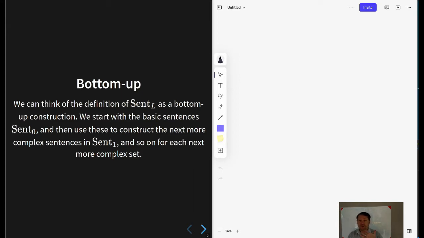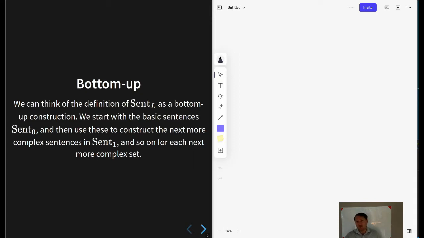when we define the set of sentences, we started from sent 0, which is like an underestimate on the set of all sentences, because we only have a fairly small subset, right? We have only the sentence symbols, sent 0. From that, we can build up the next more complex collection of sentences, sent 1.